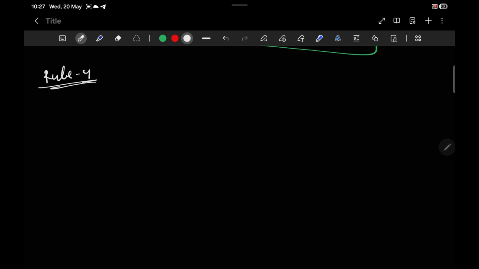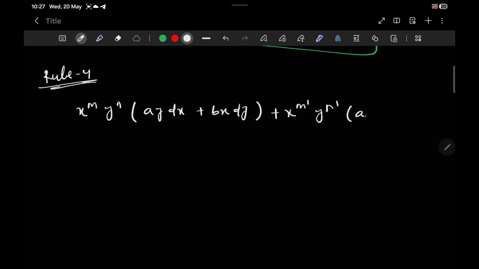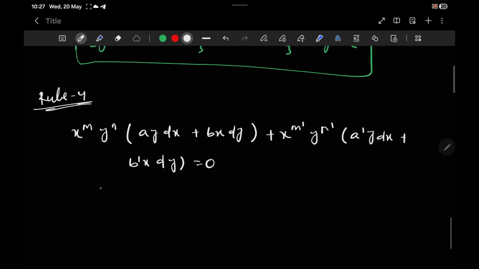Rule 4 says, if we have an equation of the form x to the power m, y to the power n into (ay dx plus bx dy) plus x to the power m dash, y to the power n dash into (a dash y dx plus b dash x dy) is equal to 0, then the integrating factor will be x to the power h and y to the power k.